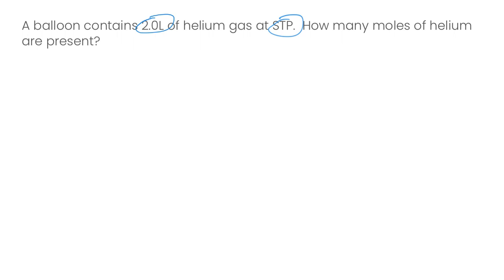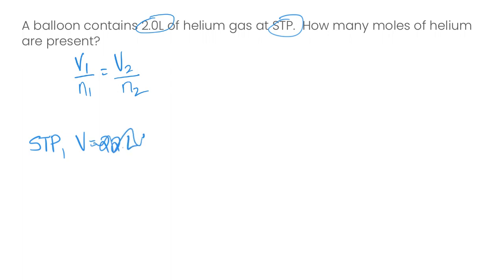Now we can represent Avogadro's law as V1 over N1 is equal to V2 over N2. What we know here is that at STP our volume is 22.7 liters, and the number of moles it corresponds to is 1 mole, because that is our molar volume of a gas.